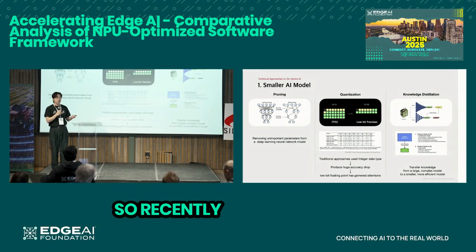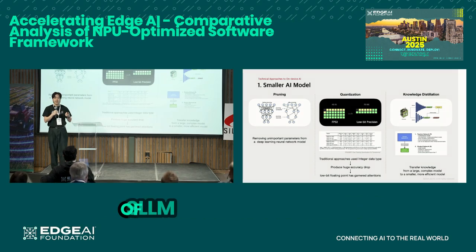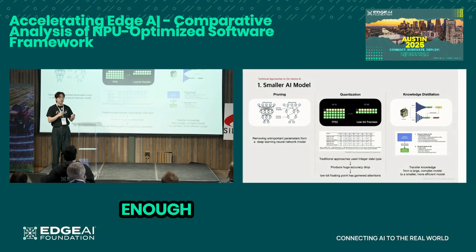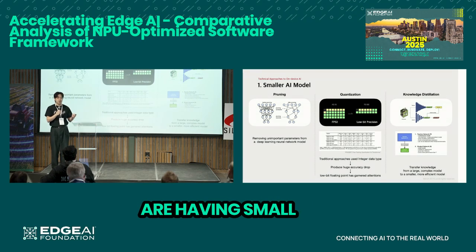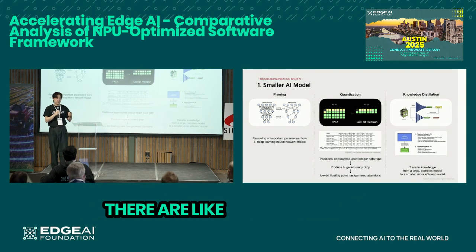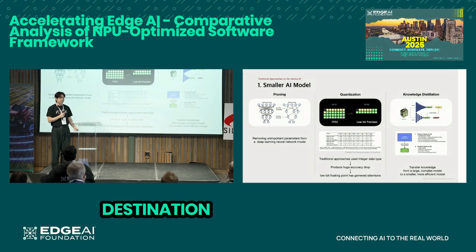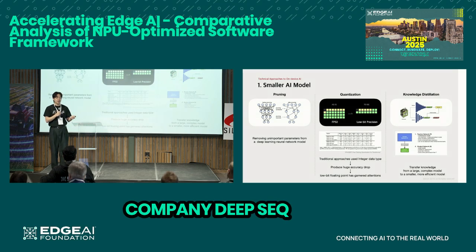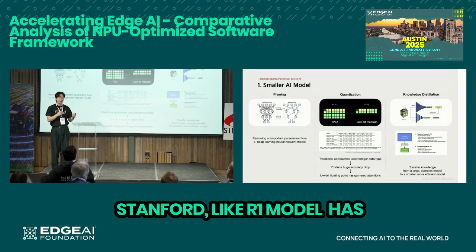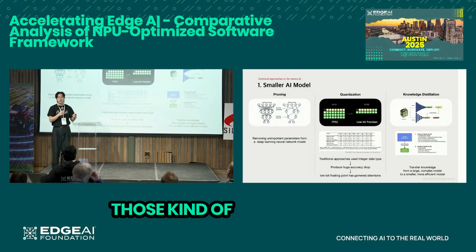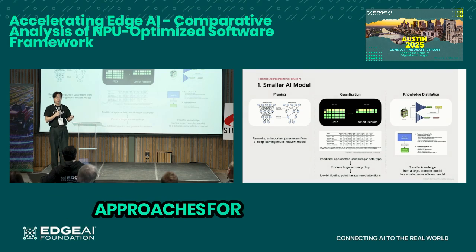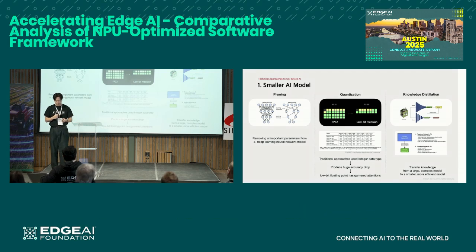Recently, the knowledge distillation approach is making SLLMs, small large language models, that are powerful enough even though they are small. Companies like DeepSeek, with its R1 model, have impressive approaches to knowledge distillation.